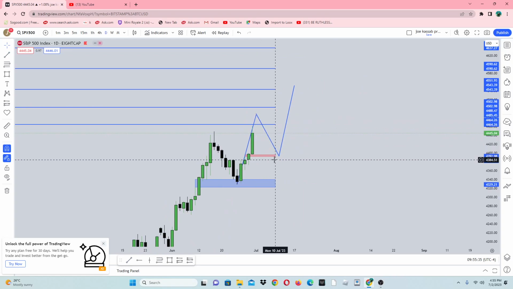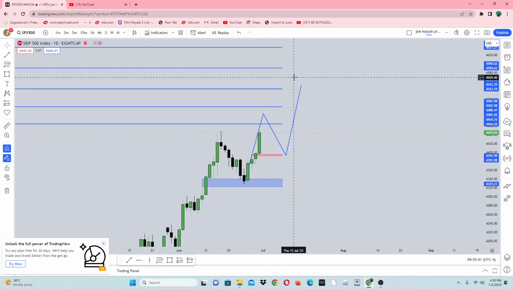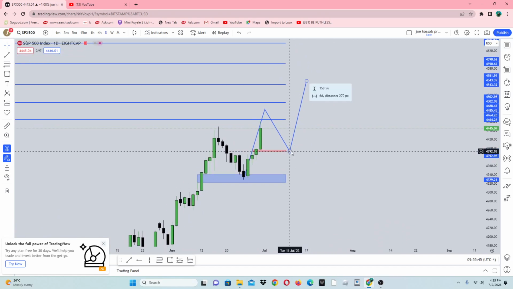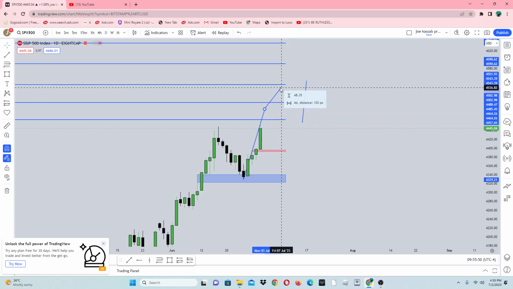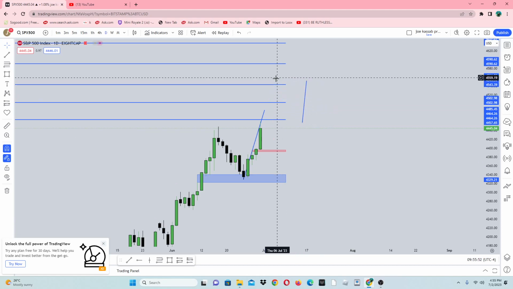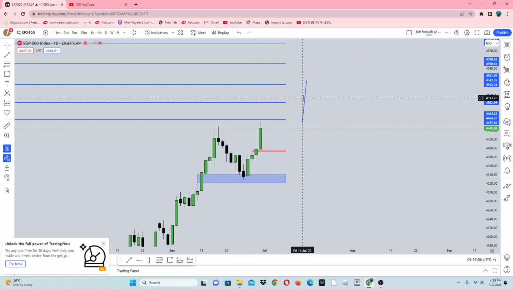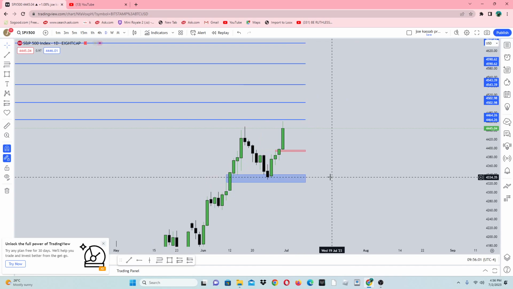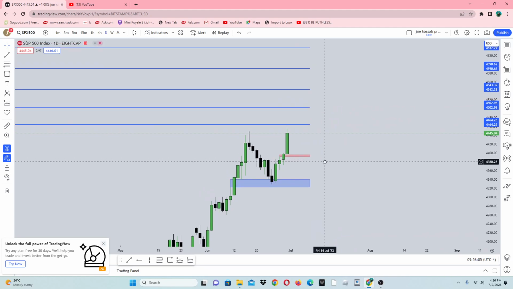Okay, so this is all on a weekly, so the retracement can be on the weekly. But the retracement and expansion could not be in a week. And price can keep going higher. So I anticipate Monday, I don't know for sure, but I anticipate Monday to be bullish and to hit the first target here.